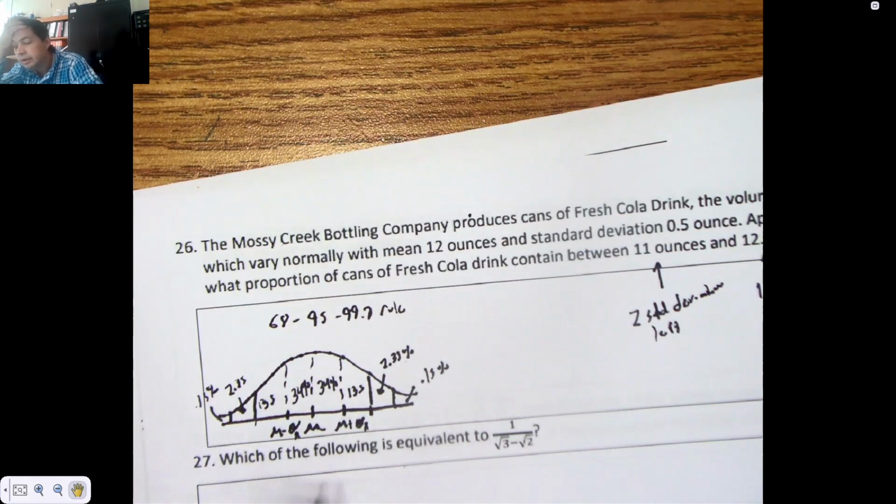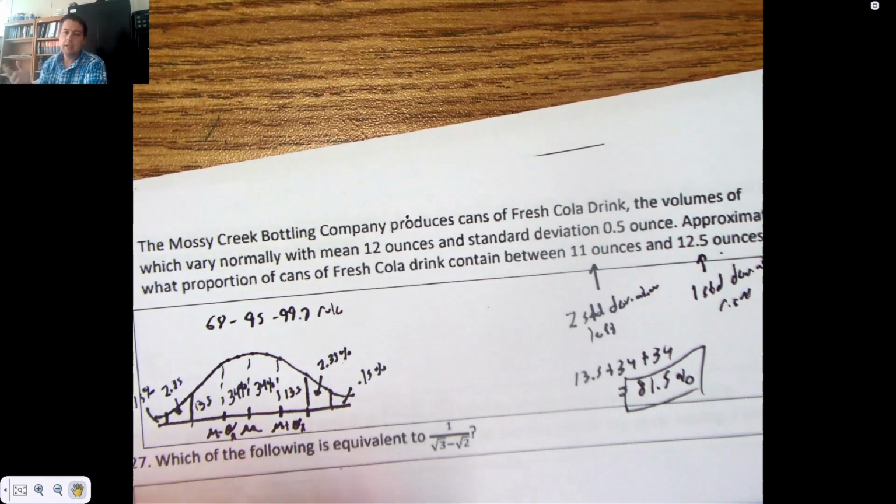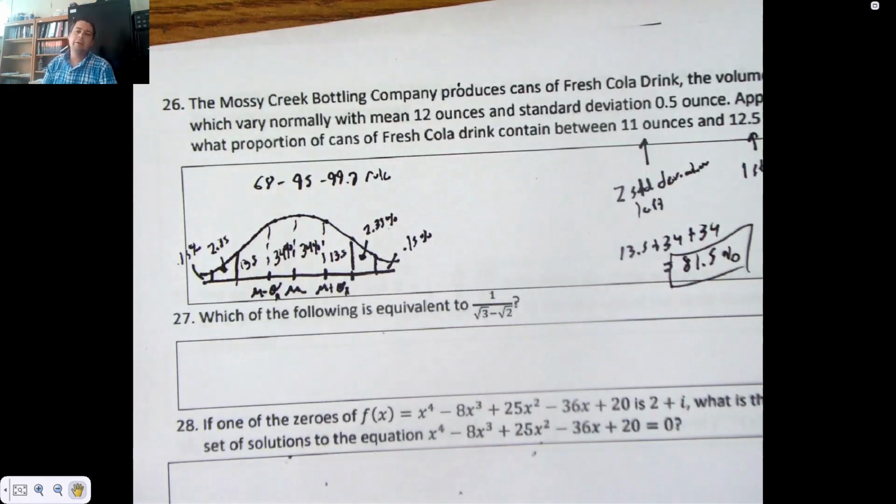If I go two left, I've got these two numbers, 13.5 and 34. And if I go one right, I have another 34. That's what I have. I've got 68 and 13.5, which is 81.5%. Ta-da! Hey, you know how to do this.